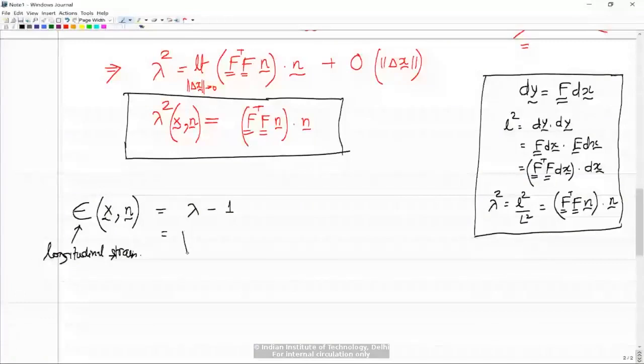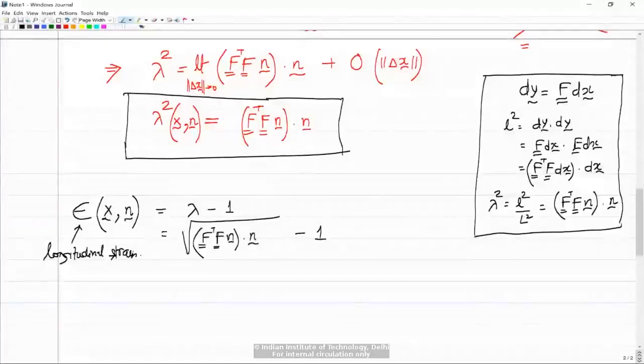So you can then write it as F transpose F into n dot with n, minus 1. So that's the formula for longitudinal strain. Okay. Can we relate this with what we have learned in our undergraduate class?